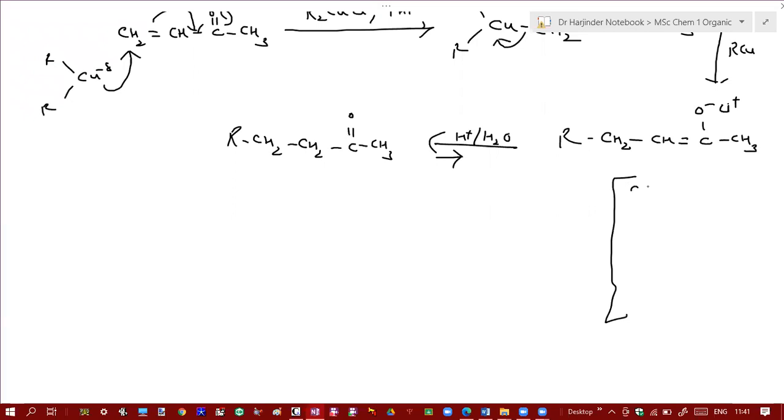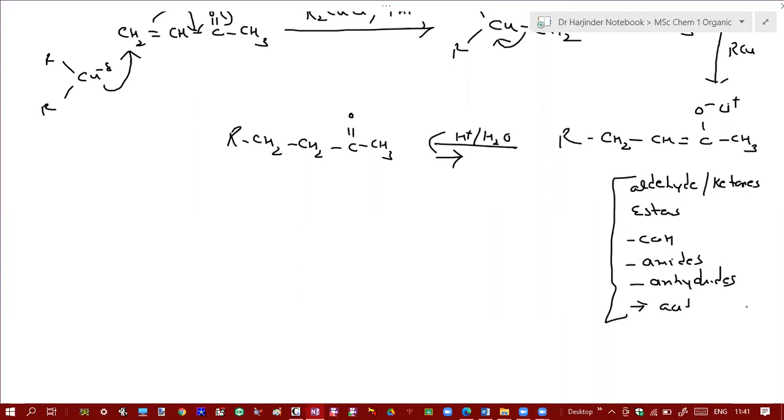We may have aldehydes or ketones, carboxylic acids, esters, amides, anhydrides, and acid chlorides. Any other?